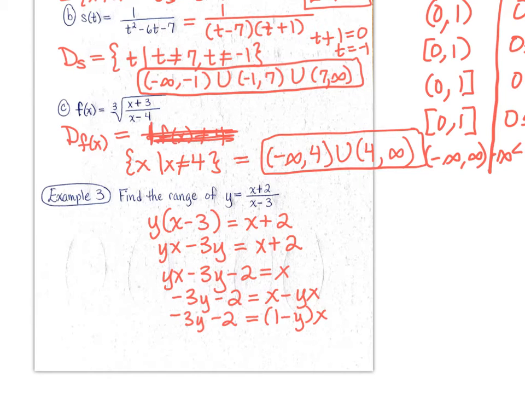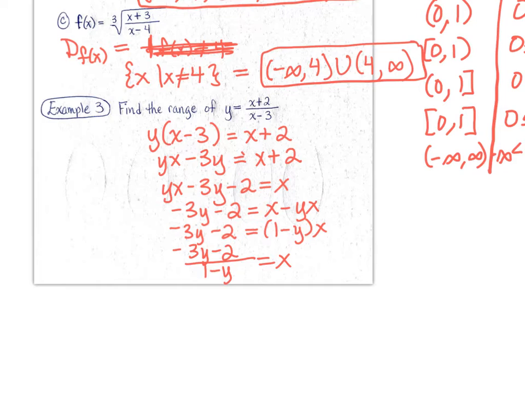So now you want to isolate x. Because you have this quantity here, you can have negative 3y minus 2 divided by 1 minus y equals x.